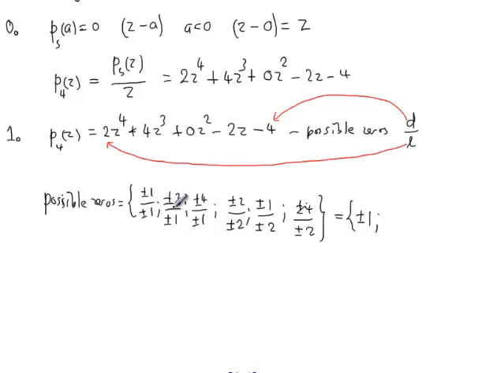Then we're going to have this one, which is plus or minus 2. But this one is also going to give us plus or minus 2. Do you see that? So then plus or minus 2. Then what else? This one is going to give us plus or minus half. Plus or minus half.